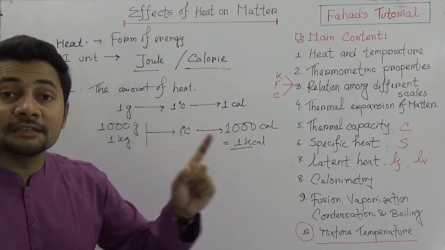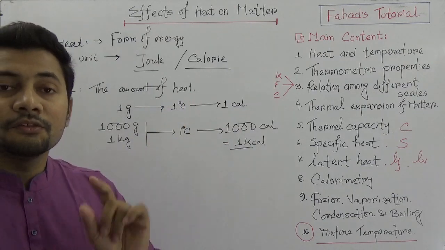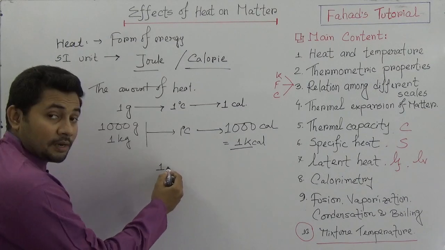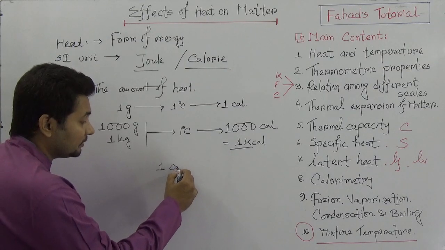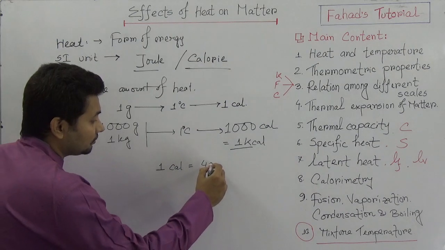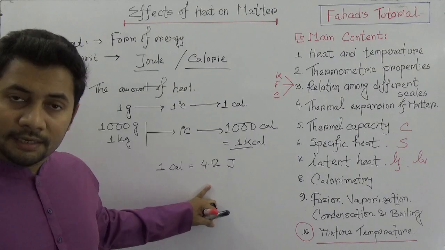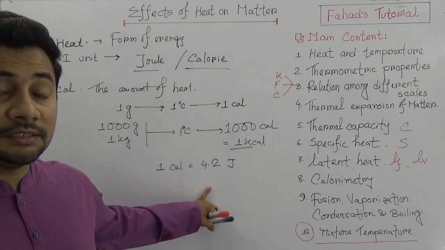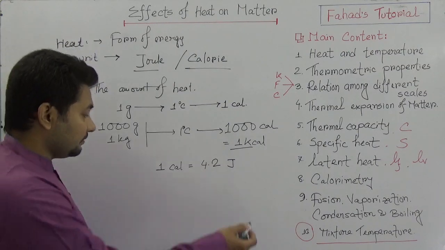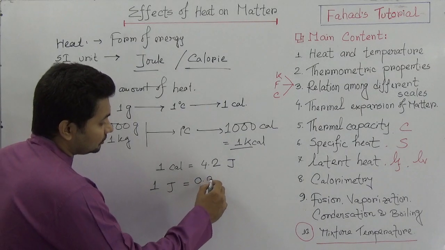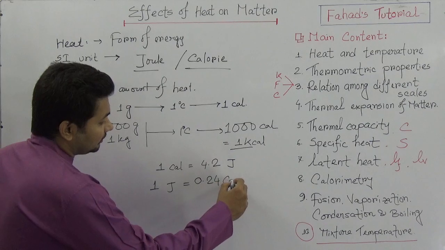Now what is the relation between joule and calorie? You must know one thing, that 1 calorie is equal to 4.2 joule, or inversely you can say that 1 joule is equal to 0.24 calorie.